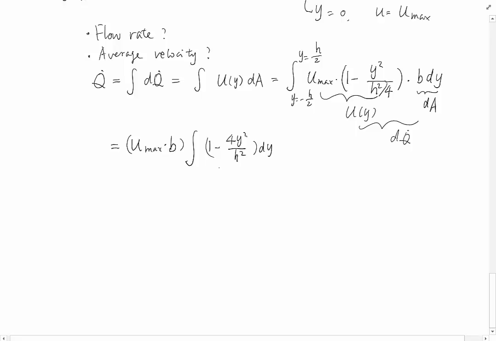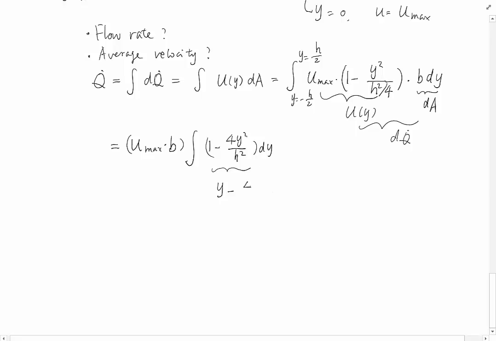And what's inside here is y minus, actually, 4 over 3 y to the third power. Let me rewrite this.